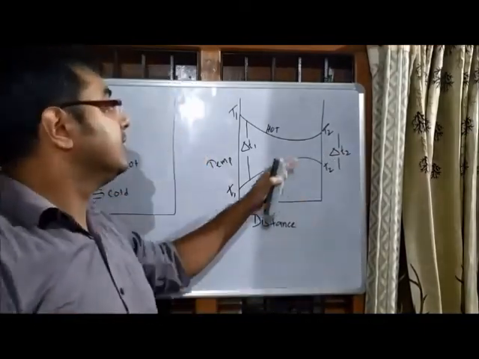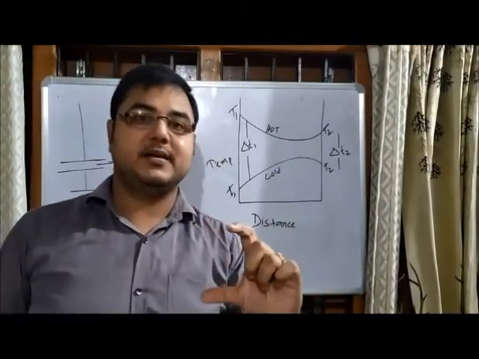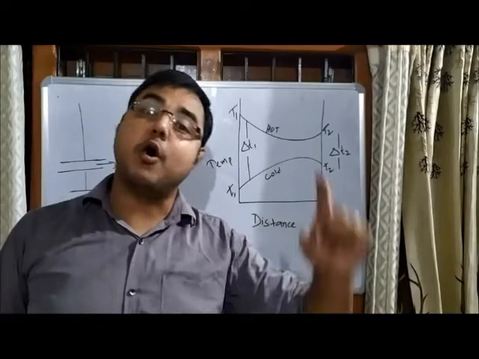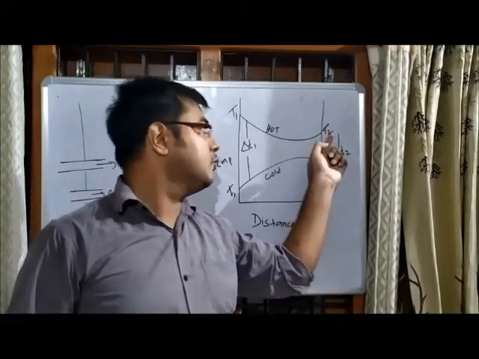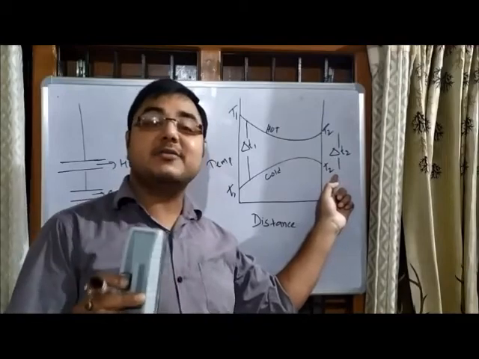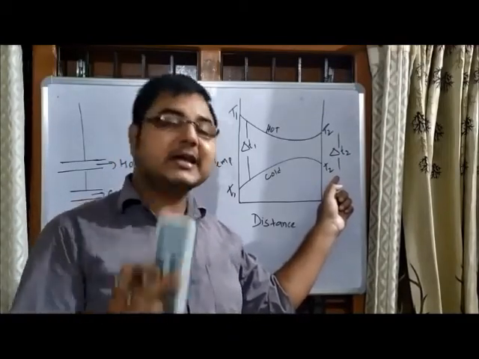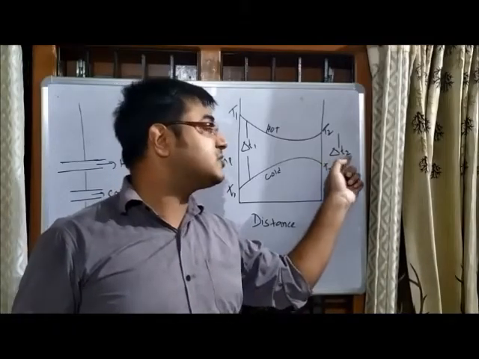I repeat, the difference between the minimum temperature of the hot fluid, that is T2, and the maximum temperature of the cold fluid, that is small t2, is depicted as delta T2.